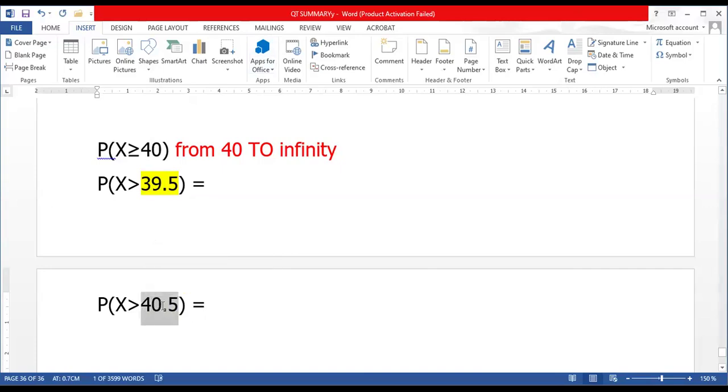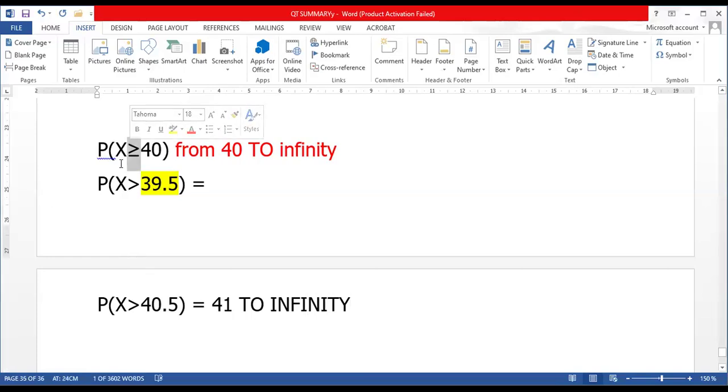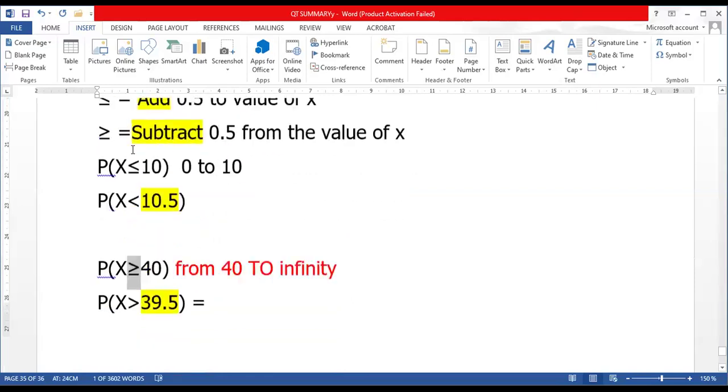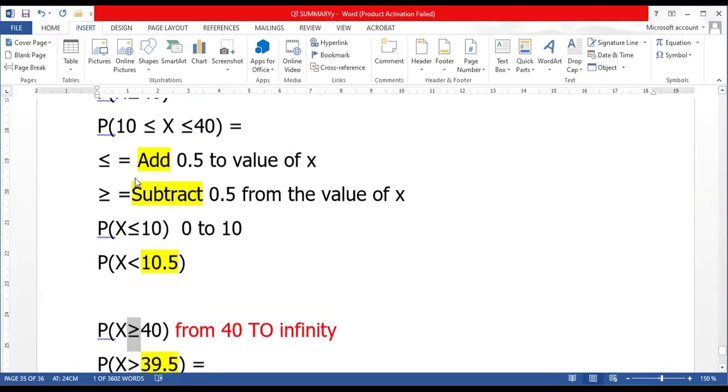You cannot get a probability where 40 is included. So it means that you're starting from 41 to infinity. So that is the reason why we don't add if a sign is greater. We simply subtract. If a sign is less, we add, as we get the exclusive values.